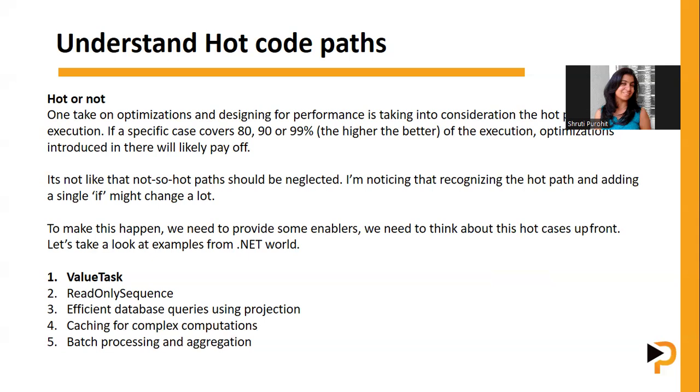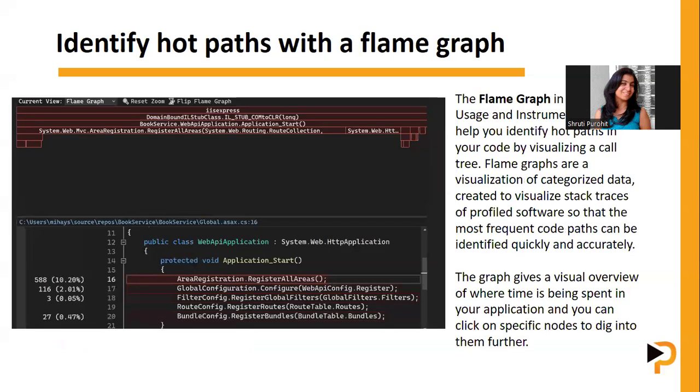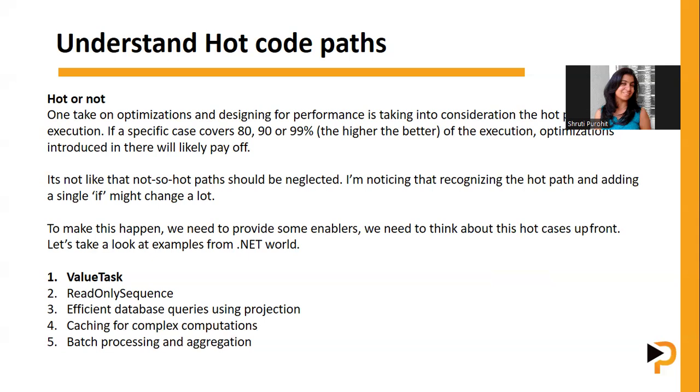We need to think about these hot cases upfront. And let's take a look at the examples in ASP.NET. There are value types, read-only sequences, efficient database queries using projection, caching for complex computations, and batch processing and aggregation. By using these things, we can optimize this hot code.